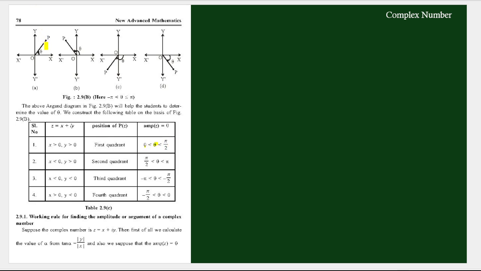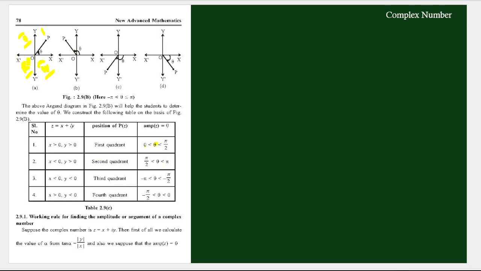Last year we discussed this: first, second, third, fourth. If it lies in the first quadrant, its value is between 0 and 90. If it lies in the second quadrant, its value is between 90 and 180, pi by 2 and pi.